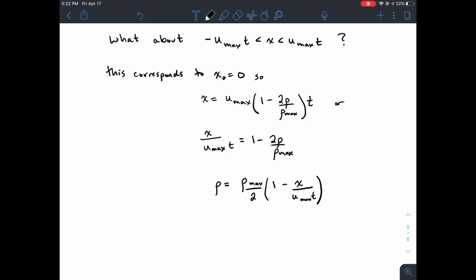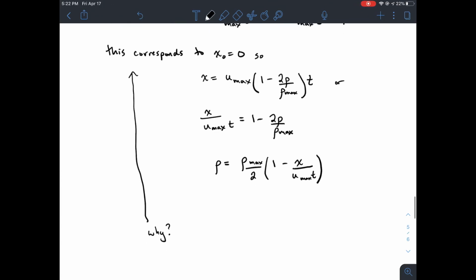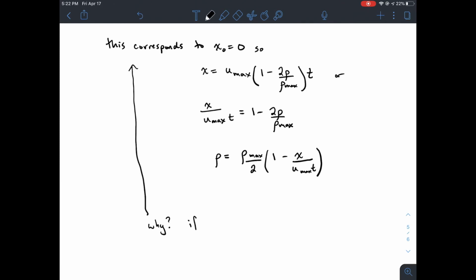All right, I just wanted to point out, how did I necessarily know that this corresponded to this region from minus u max t to plus u max t? How did I know that that corresponded to x equals 0? Well, if you go back, you can kind of see that, again, that was my original jump, my original discontinuity in rho.